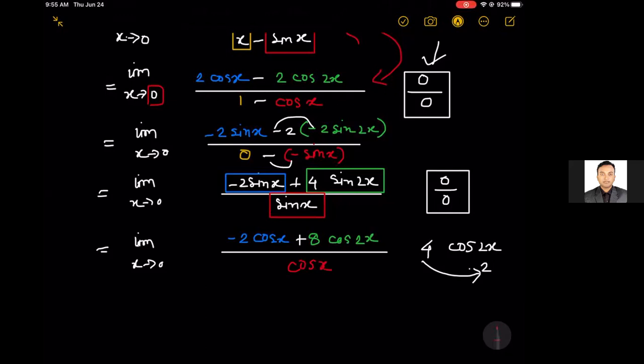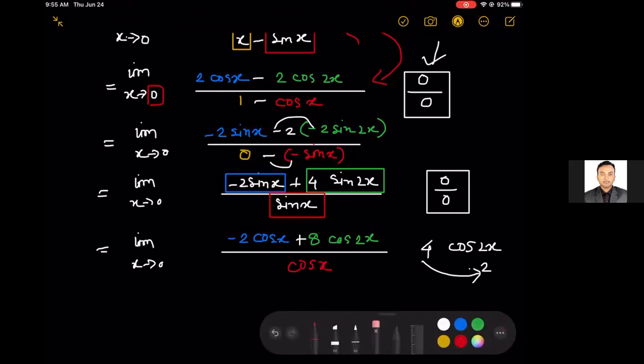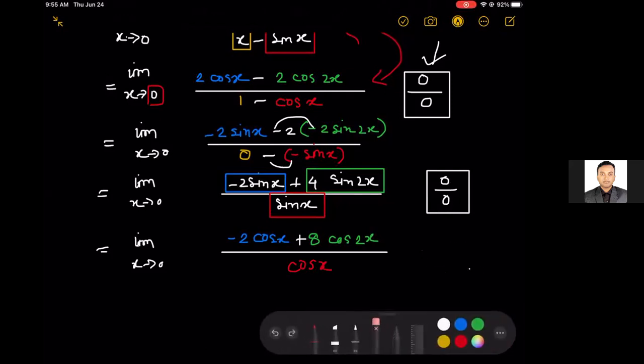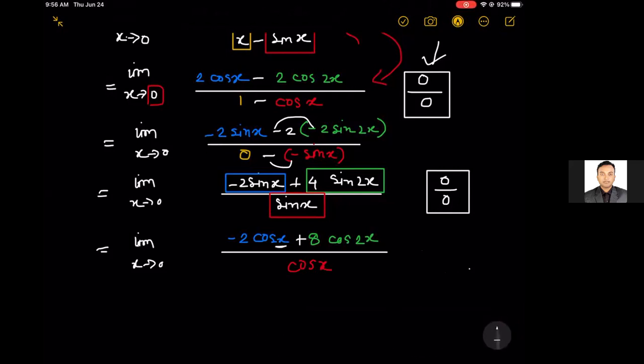Now, the next thing is we need to check whether or not we still have one of these indeterminate forms. If we plug in 0 here, this will be cosine 0, which is 1. So we'll have a -2. This will be cosine 0, so it will be 1.